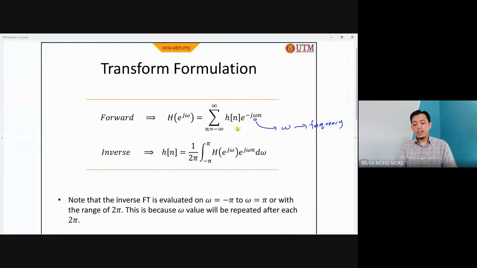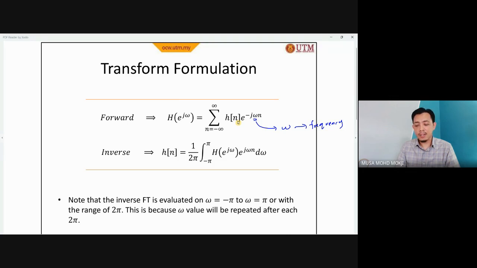So this is the forward transform. Forward means we go from the time domain and transform into the frequency domain, so we will have a new plot. This is a plot in the frequency domain, and we also have a plot in the time domain. That's why the assignment is very important, so that you can imagine how to plot a time domain signal and what it looks like.